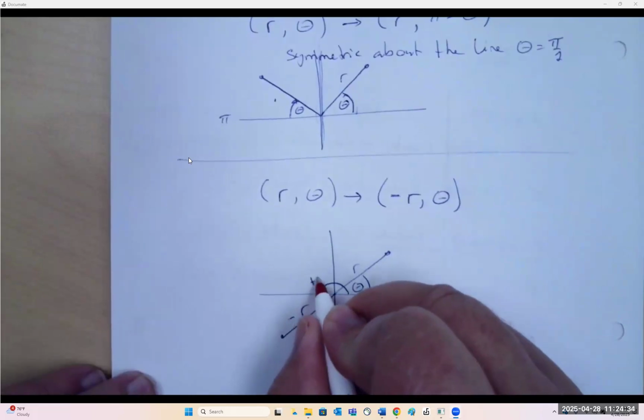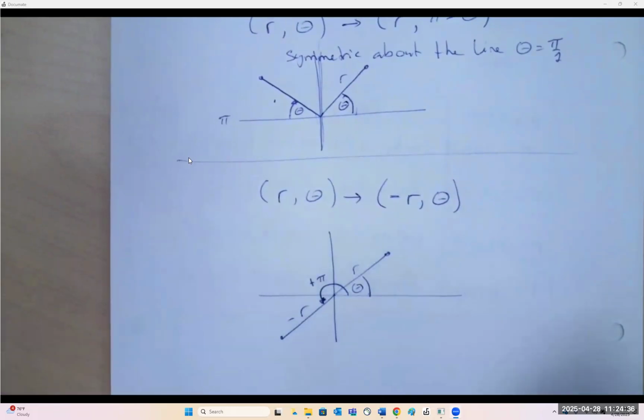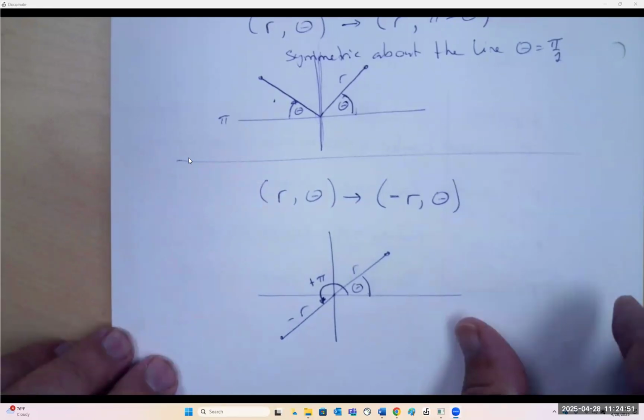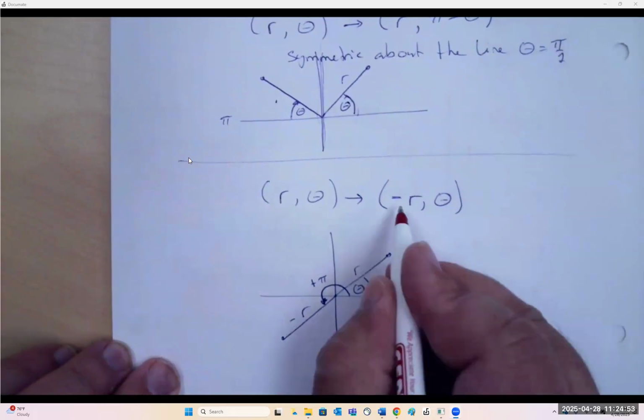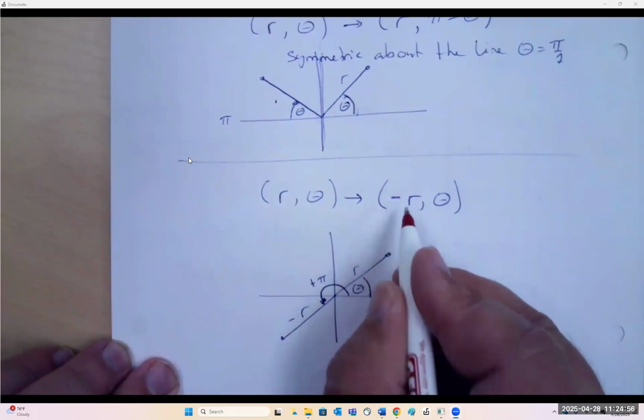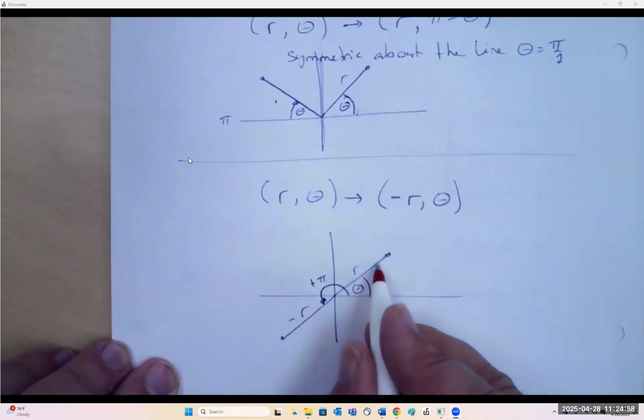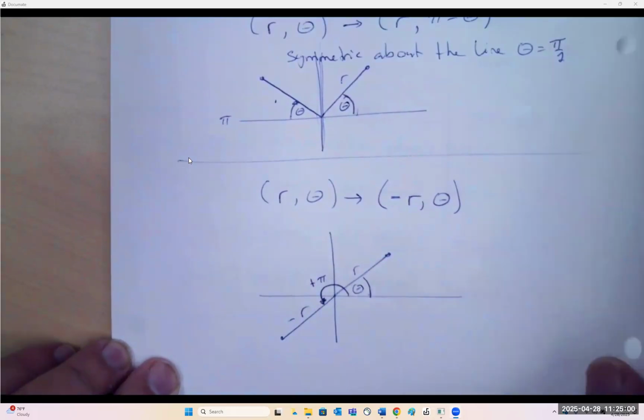So we add pi to it. And there are 3 tests for symmetry that we're going to look at. Remember, whenever you have a negative radius, whatever radius you have, it's just the opposite, at the other end.